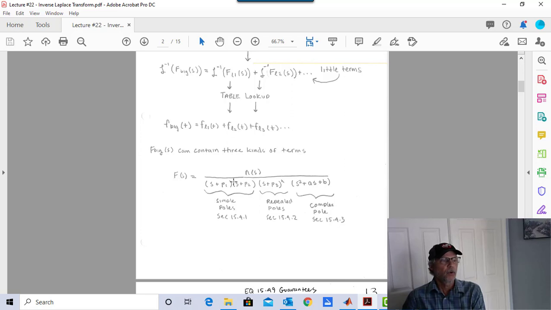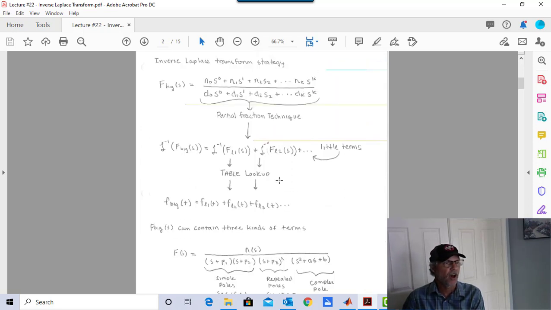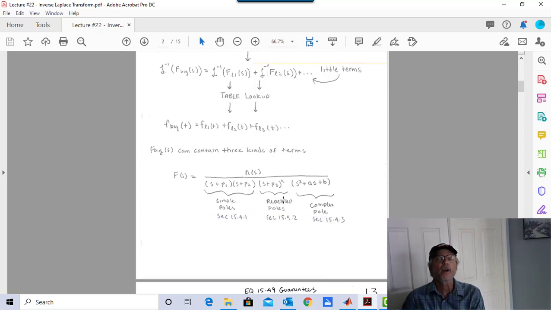So we'll focus on the denominator for right now. F big consists of a numerator divided by a denominator, which of course can be factored. If we multiply all these factors out, we get our big old polynomial. But we want to focus on the kinds of factors because we're going to need to handle them differently when we do our Laplace transforms.